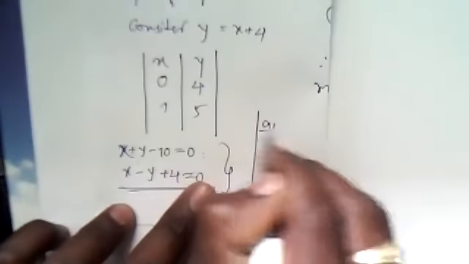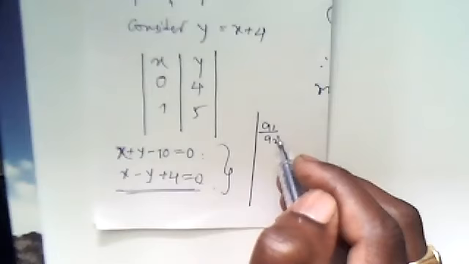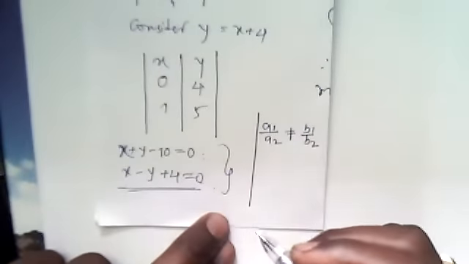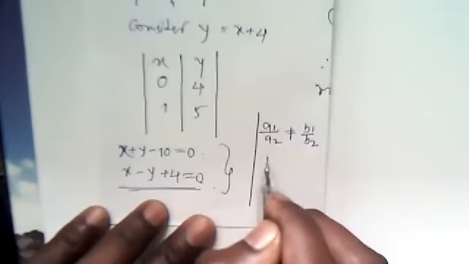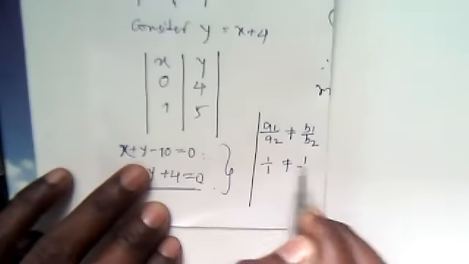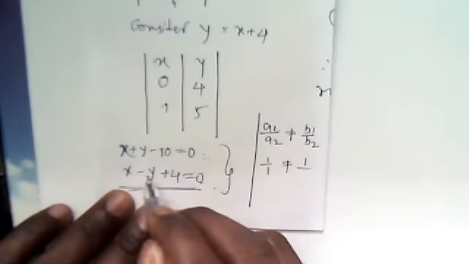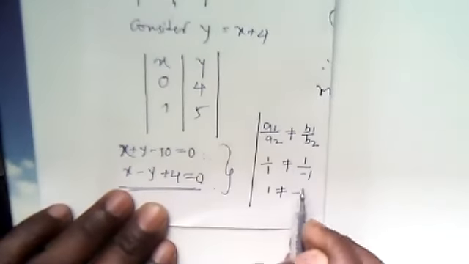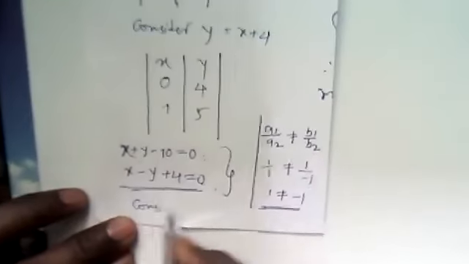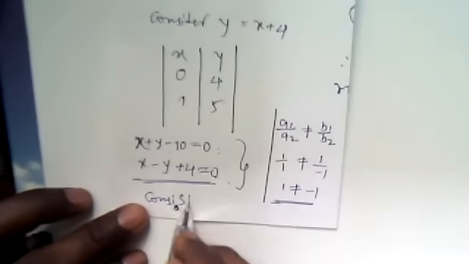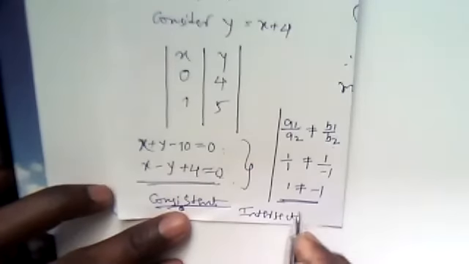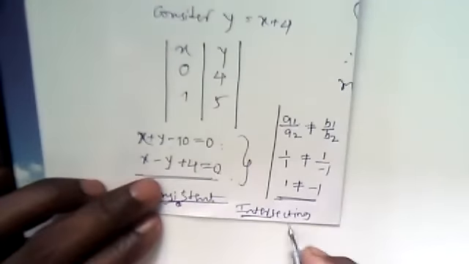Consistent means A1 by A2 does not equal B1 by B2. A1 value is 1, divided by A2 value 1, does not equal B1 value 1 divided by B2 value minus 1. Therefore, 1 does not equal minus 1. Therefore, what is our conclusion? These two equations are consistent. Consistent means the two lines are intersecting each other.